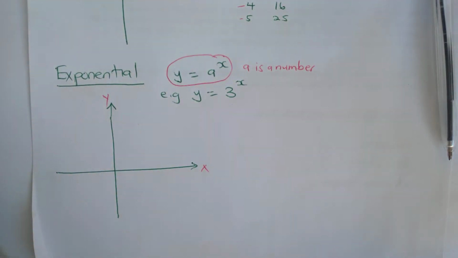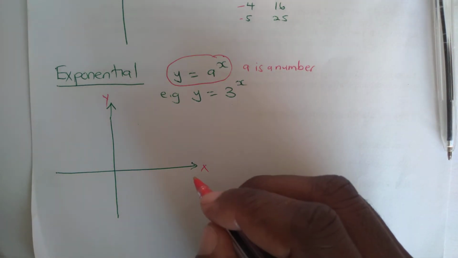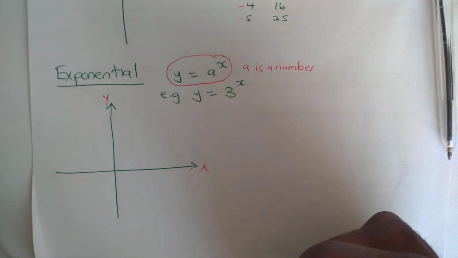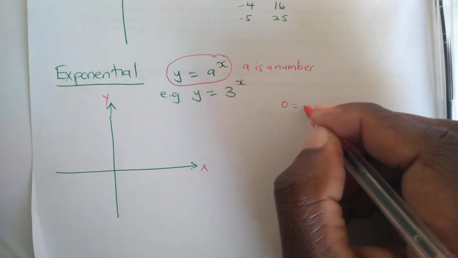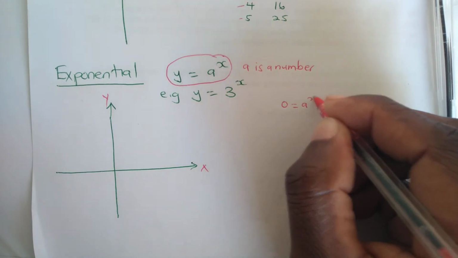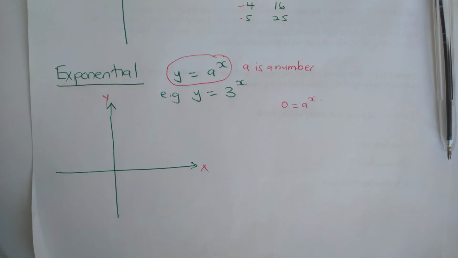So how are we going to plot? Take note that y can never be 0, because there is no way you can say 0 equals any number to the power x. Which number can that be? It can't work.